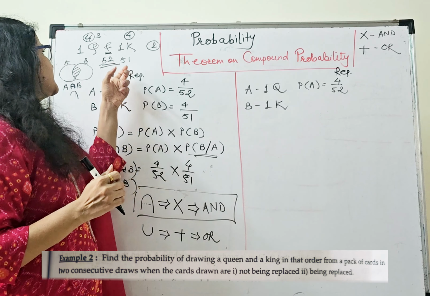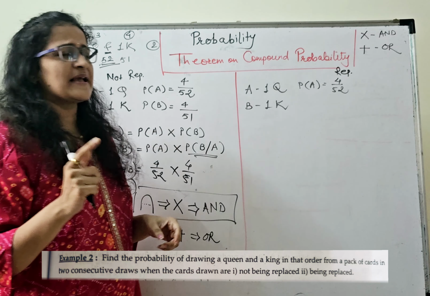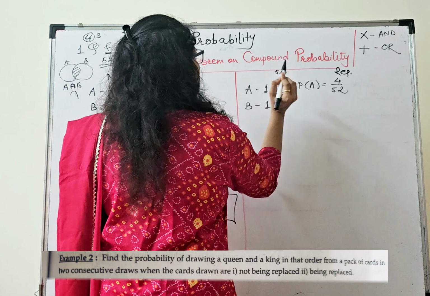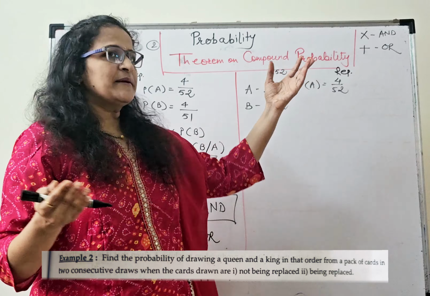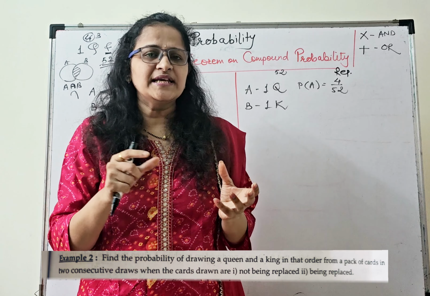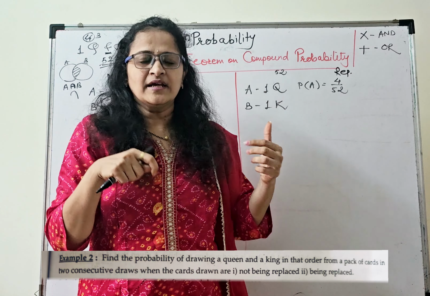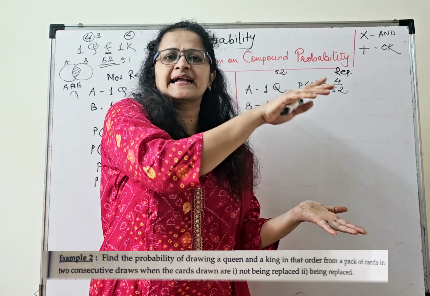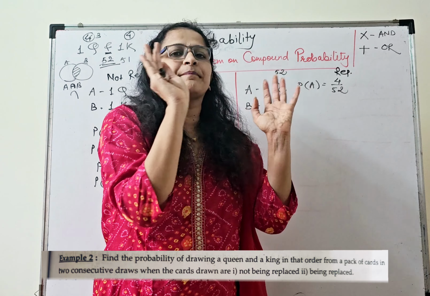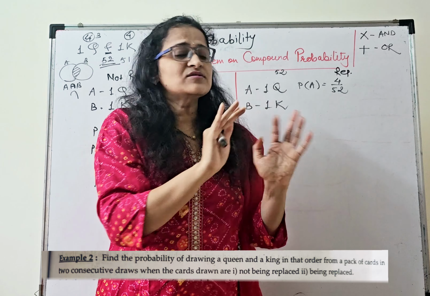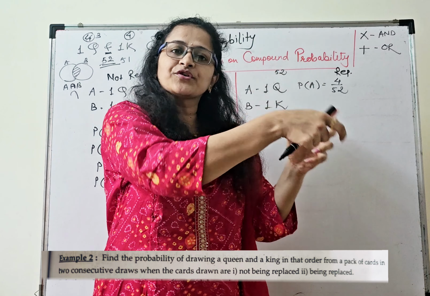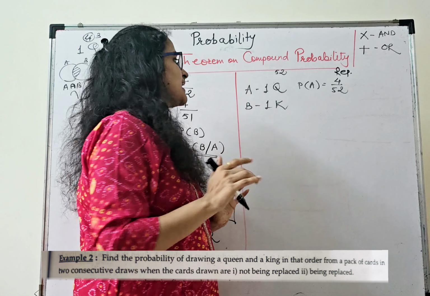But now, is there any change in the sample space? In the sample space there are in total 52 cards, correct? As you are replacing that card, means you draw the first card which is a queen, and you are again mixing or replacing that card, keeping it back in that pack of 52 cards. Means one card is not reduced, and again you are drawing the second card out of that 52 card set.